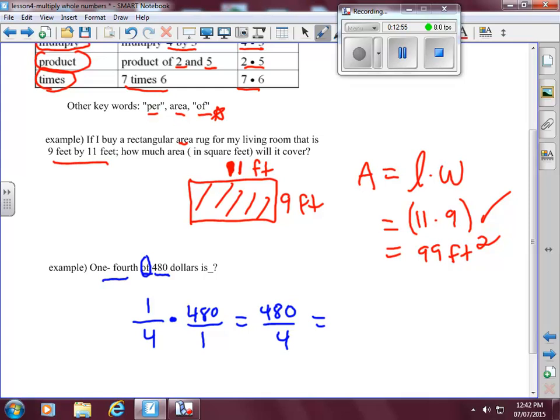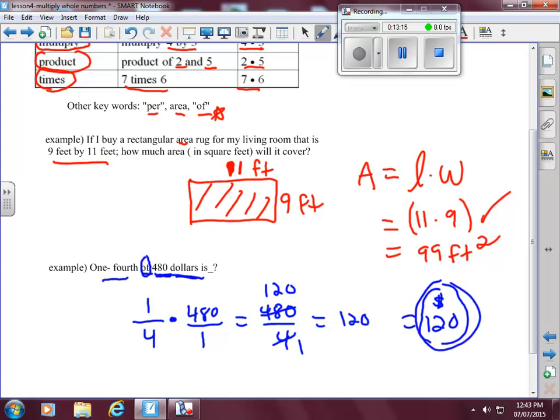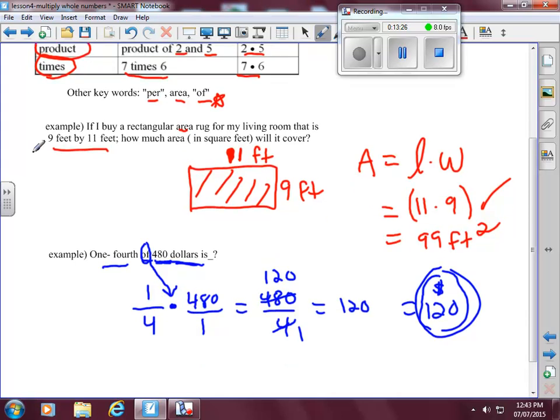And 480 over 4 really means, hey, does 4 happen to go into 480 evenly? So 4 goes into itself once, and 4 goes into 480, 120 times. So 120 bucks would be the answer to that. 1/4 of $480 is 120 bucks. Okay? But notice the word of. 1/4 of, multiplying. Like I said, not supposed to talk about fractions just yet, so don't get worried about that, but know that that's coming.